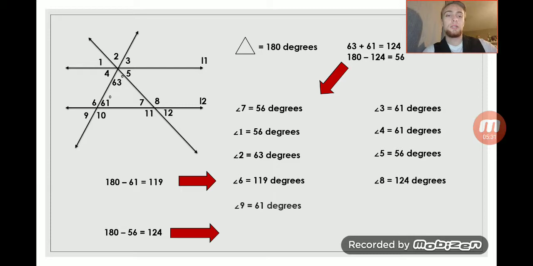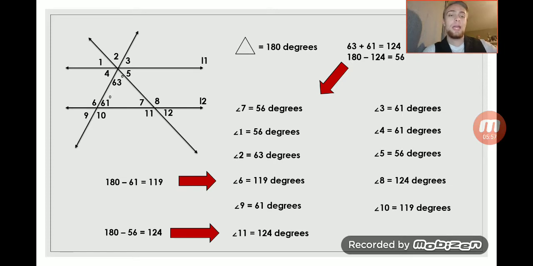Now, moving on to angle 9, the reason it is 61 is the same reasons as the first couple. It is an opposite equal angle to the 61-degree angle from the original triangle, so it's going to repeat that same pattern. Angle 10 will repeat the same pattern as that. It is an opposite equal angle to number 6, so therefore it is also going to be 119 degrees.